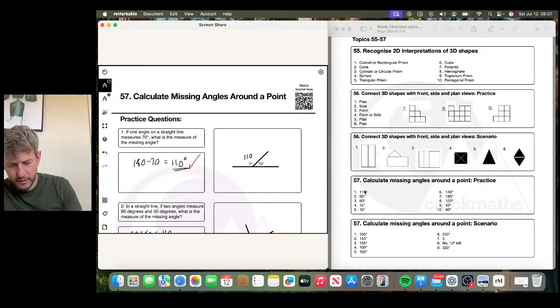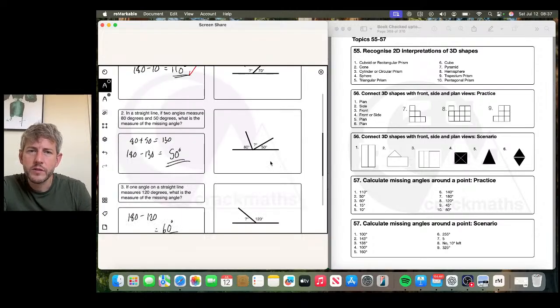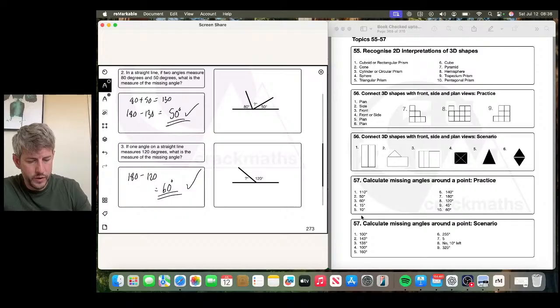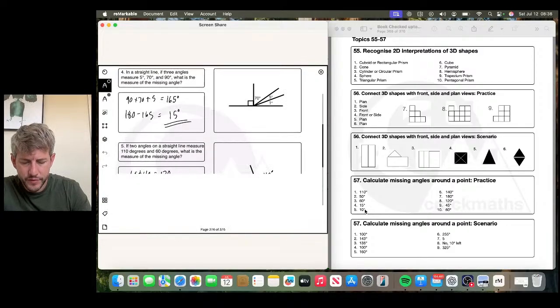Let's just underline that. Question 2 is 50 degrees. We agree. Question 3 is 60 degrees. We agree here. Question 4 is 15 degrees.